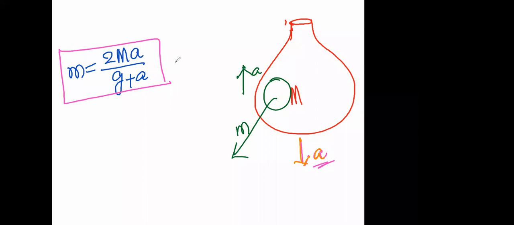Whenever we take such diagrams, once it is given in CET like this, we'll check it. It is a vessel which consists of liquid in it.